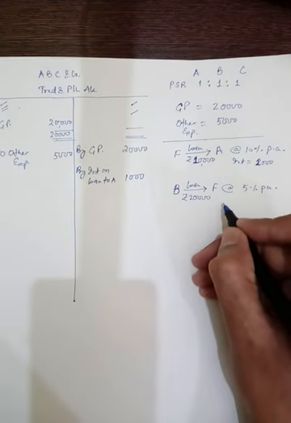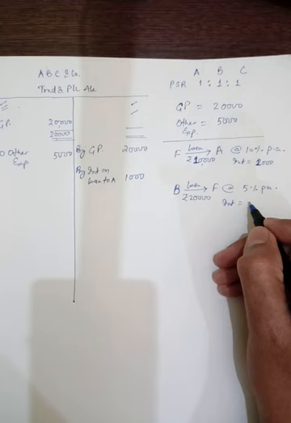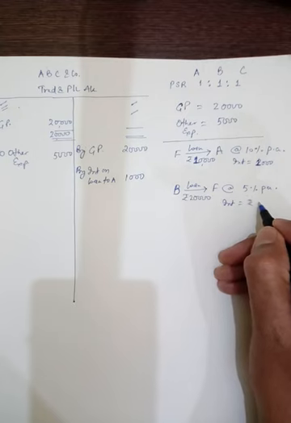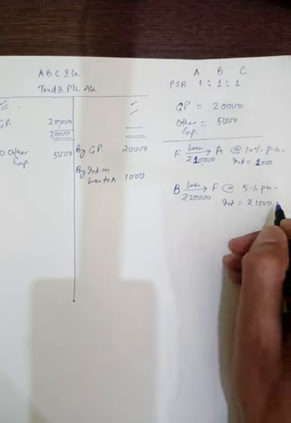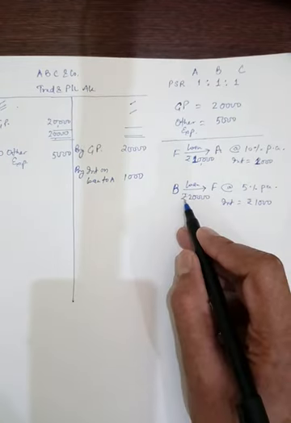Now on this loan, interest will become 20,000 into 5%, that is rupees 1000 again.